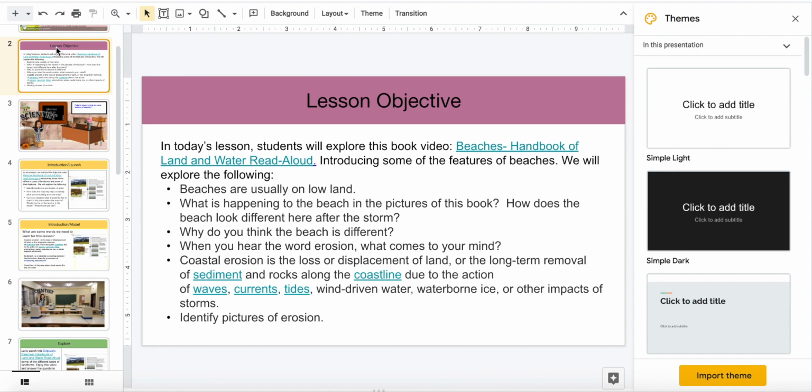So basically, we're losing some of the sand in our beaches because the storm's taking it away, pulling it out with the water. And then you are going to be able to identify pictures of erosion in our lesson.